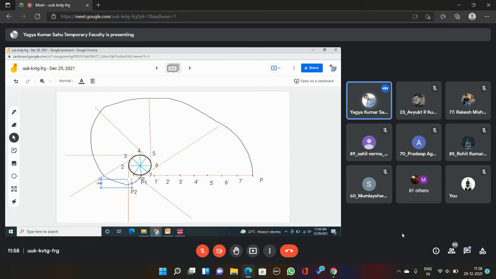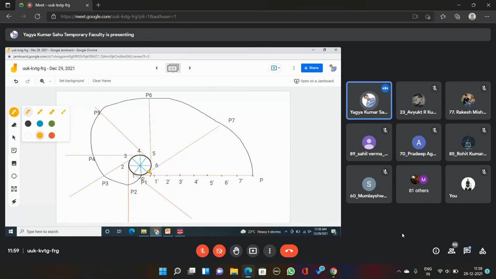This will be P3, then P4, then P5, P6, P7. So, okay, easy.